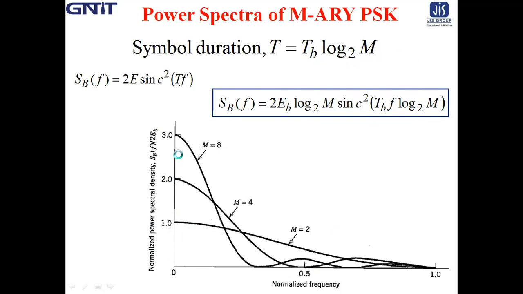Now for M equal to 8, the bandwidth is smallest among these 2, 4 and 8, and the largest bandwidth is for M equal to 2. So this is all about the M-ary PSK signal.